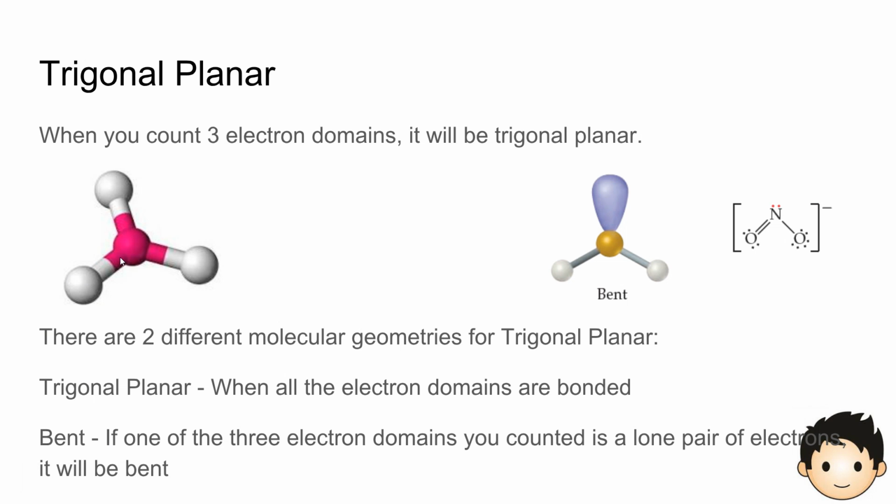In this example, you can see that all of them are bonded. The bent is when you have one lone pair of electrons which is not bonded. Here it's bonded, here it's bonded, and right here is where the two electrons would go, and they're not bonded to anything, so that's when it's going to be bent.